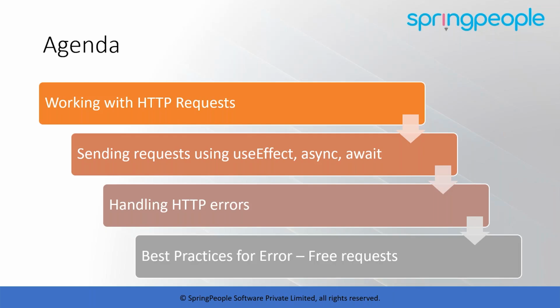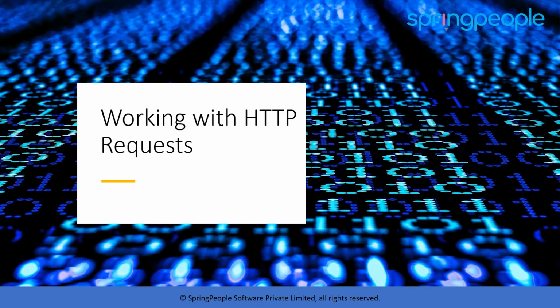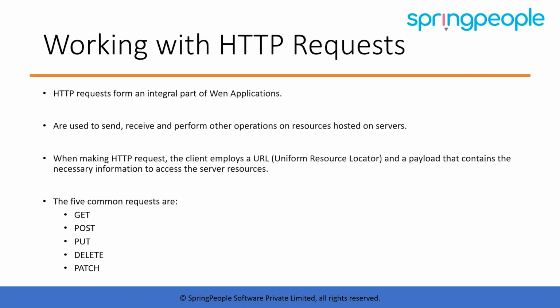Now, if you come to ReactJS, when we work with ReactJS, we normally have three ways in which an API call is made. One of them is XML HTTP request, the second one is fetch API, and the third one that we usually use now is Axios.